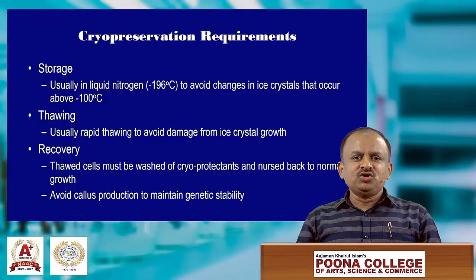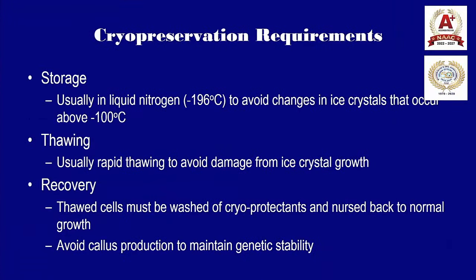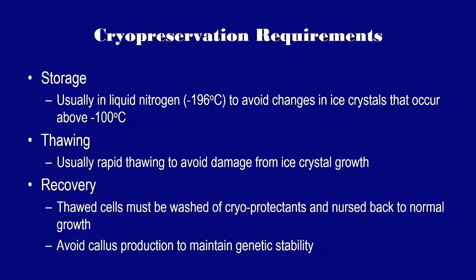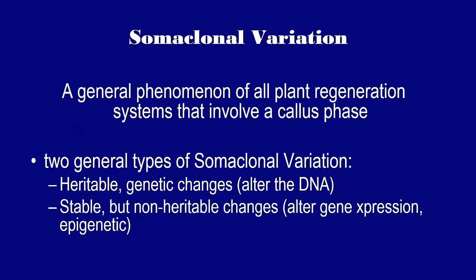Then thawing, usually rapid thawing to avoid damage from ice crystal growth. Then recovery: thawed cells must be washed of cryoprotectants and nursed back to normal growth, avoiding callus production to maintain genetic stability. The next one is somaclonal variation.